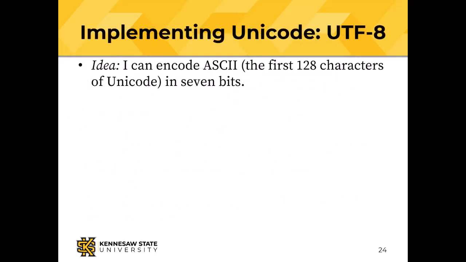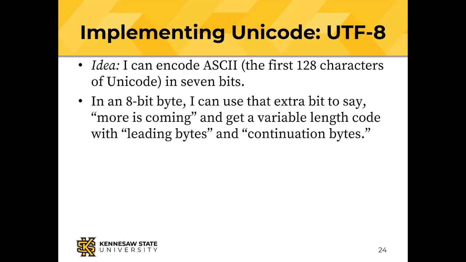Some folks working on that had the idea that, I can encode ASCII in 7 bits with a leading 0. With an 8-bit byte, I can use that extra bit to say more is coming, and I can get a variable length code. The variable length codes in Unicode, and we're talking about UTF-8, the Unicode transformation format for 8 bits.